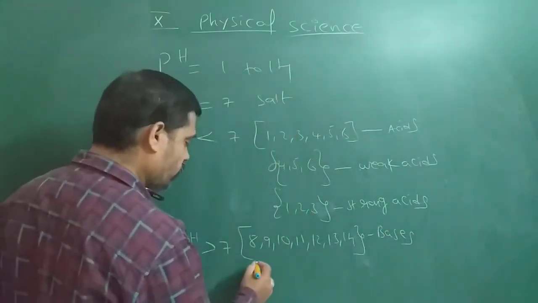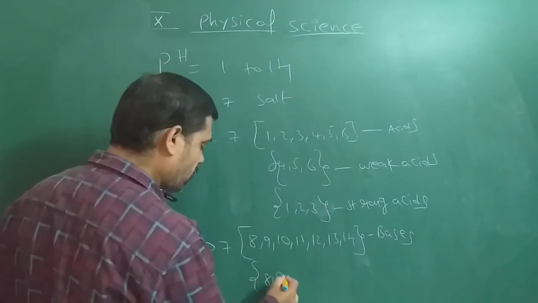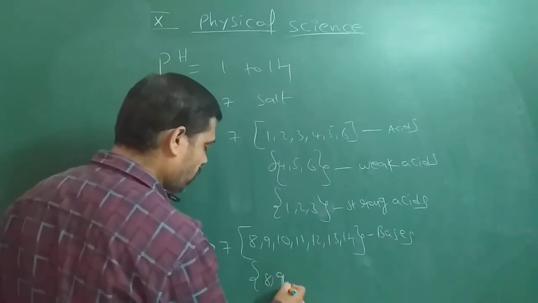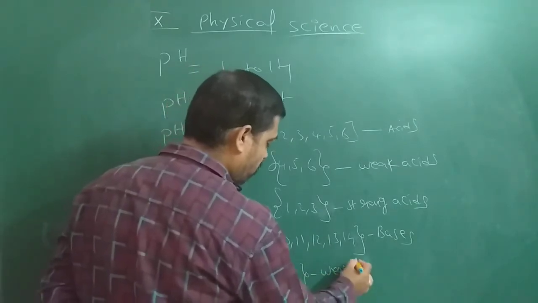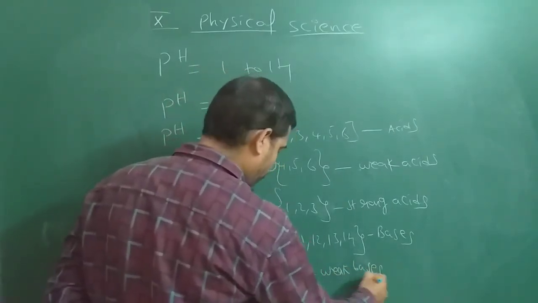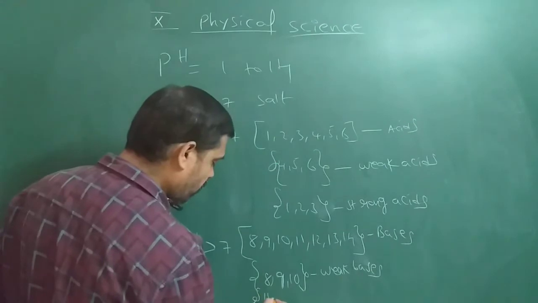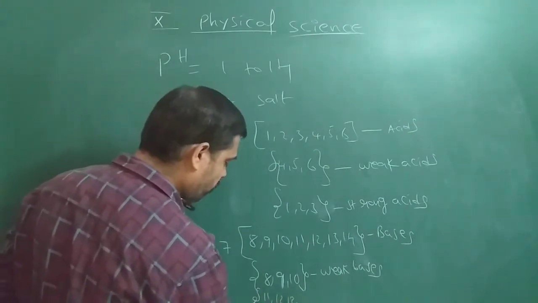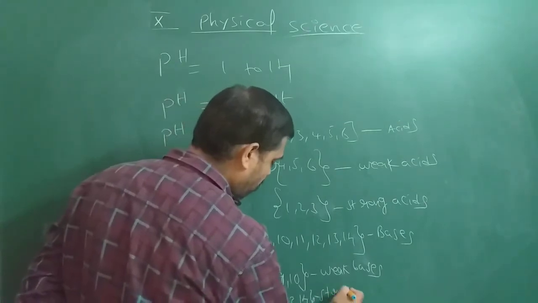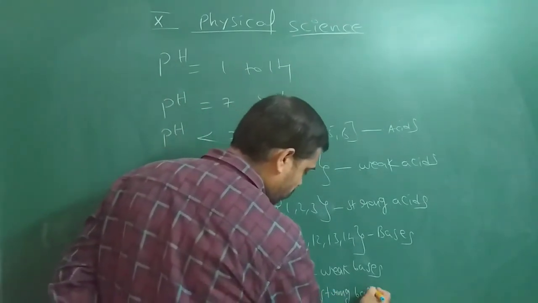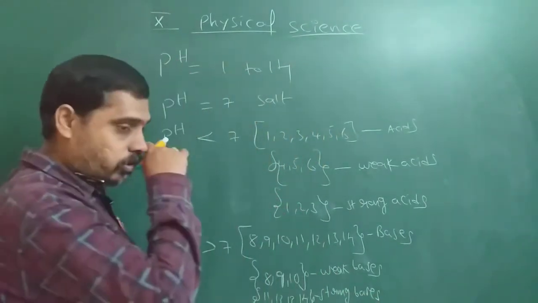If the values are 8, 9, 10, we will call them weak bases. If the values are 11, 12, 13, 14, we will call them strong bases. Please note that, children.